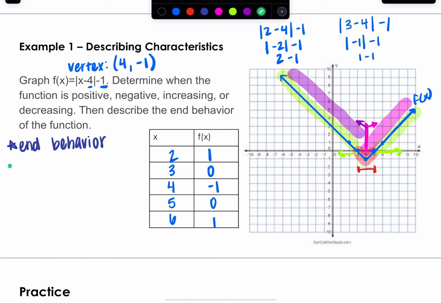The first one we say as x approaches negative infinity. So when I say x approaches negative infinity, that means I'm going to the left, right? So I'm looking at this tail and I'm looking where it's pointing. And so since it's pointing up, I'm going to say that y is approaching positive infinity.